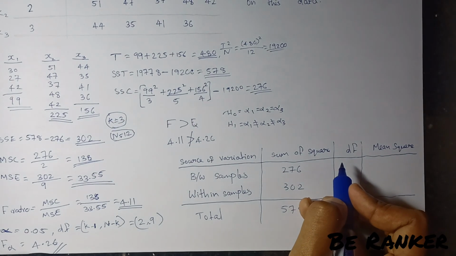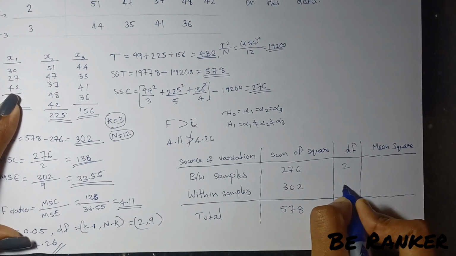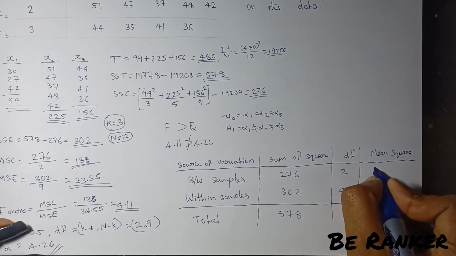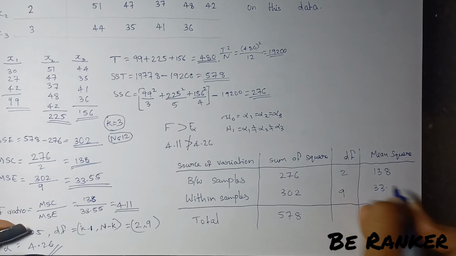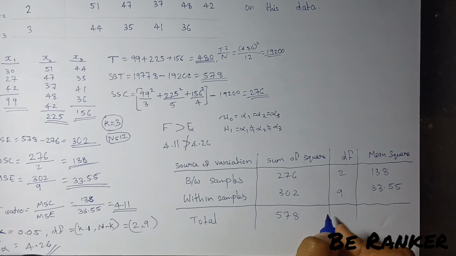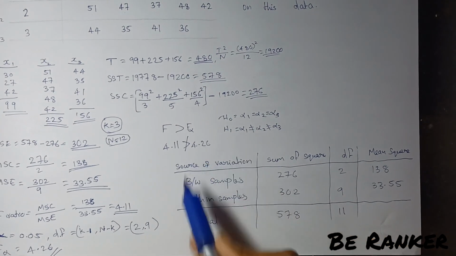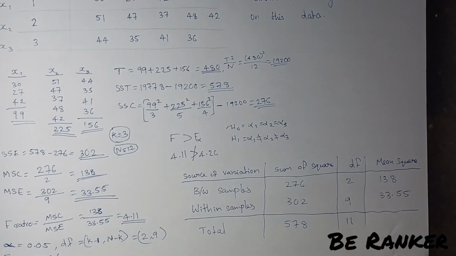The degrees of freedom are K minus 1, which is 2, N minus K, which is 9, and N minus 1, which is 11. The mean squares are MSC, 138, and MSE, 33.55. So this is the ANOVA table of this problem. Thank you.